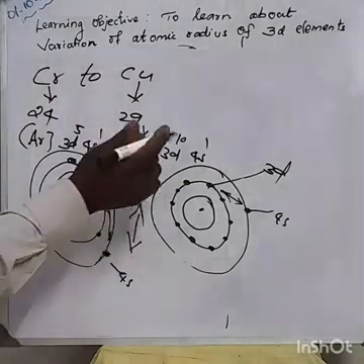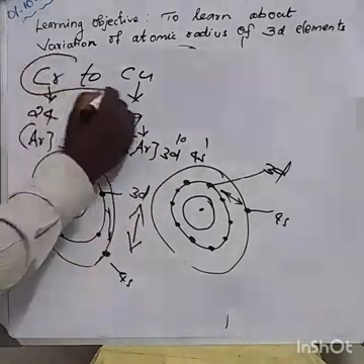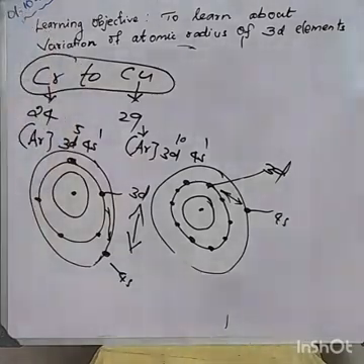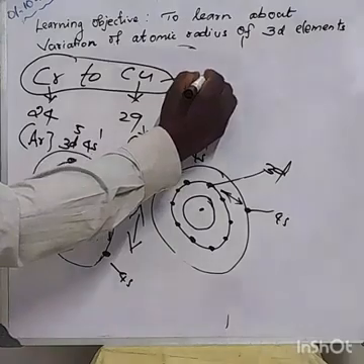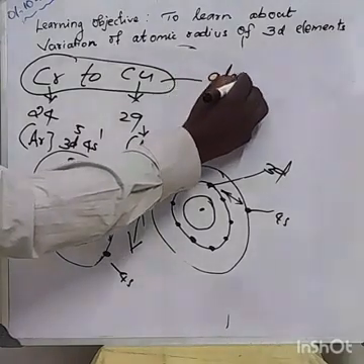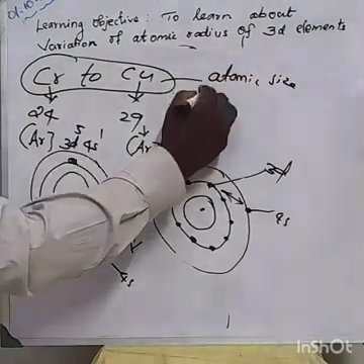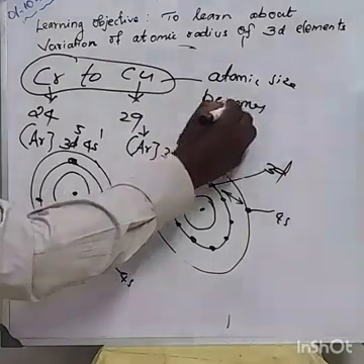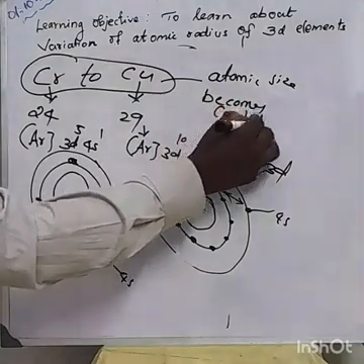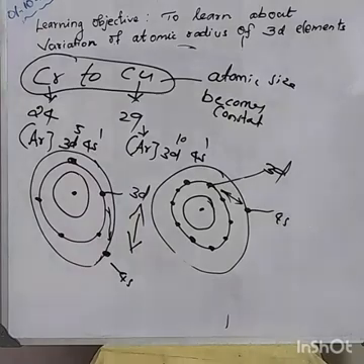So from chromium to copper, the atomic size becomes constant. What's the reason? The two forces are operating in opposite directions and they tend to balance each other. So, chromium to copper, the atomic size becomes constant.